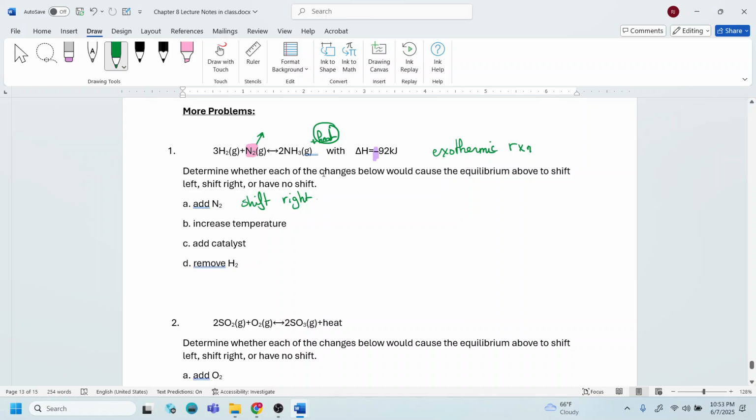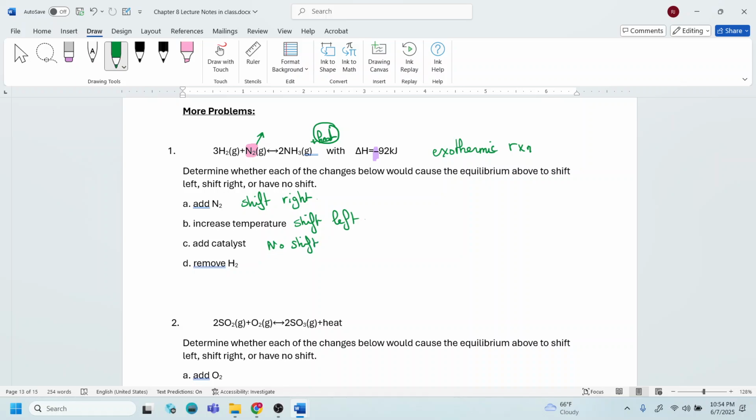If I'm increasing the temperature, you look at the heat. Where is the heat? The heat is in the product. So if I'm increasing the heat, raise your right hand. Then the direction of equilibrium is going to shift to the left. If you add a catalyst, nothing is going to change. So there's going to be no shift.